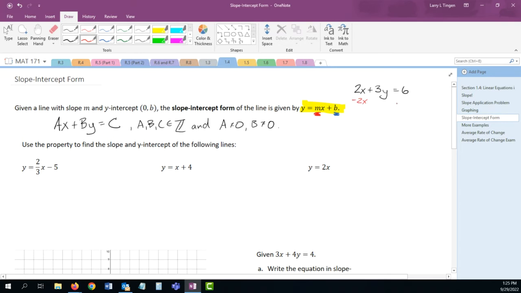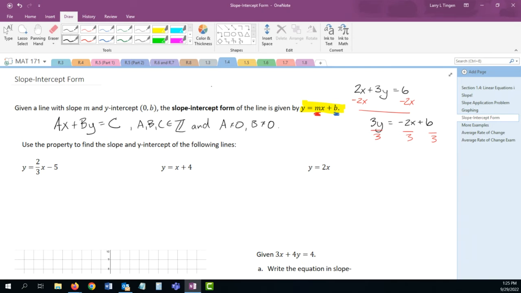I don't want to do that. So I'm going to do some algebra here and get this equation into slope-intercept form. So that is negative 2x plus 6. You could also do 6 minus 2x, that's fine. Get y by itself, that's my goal.